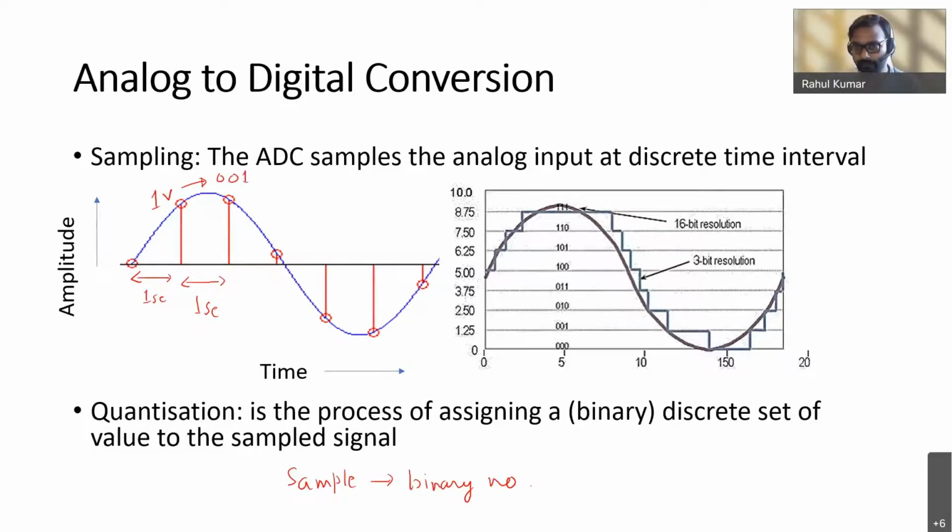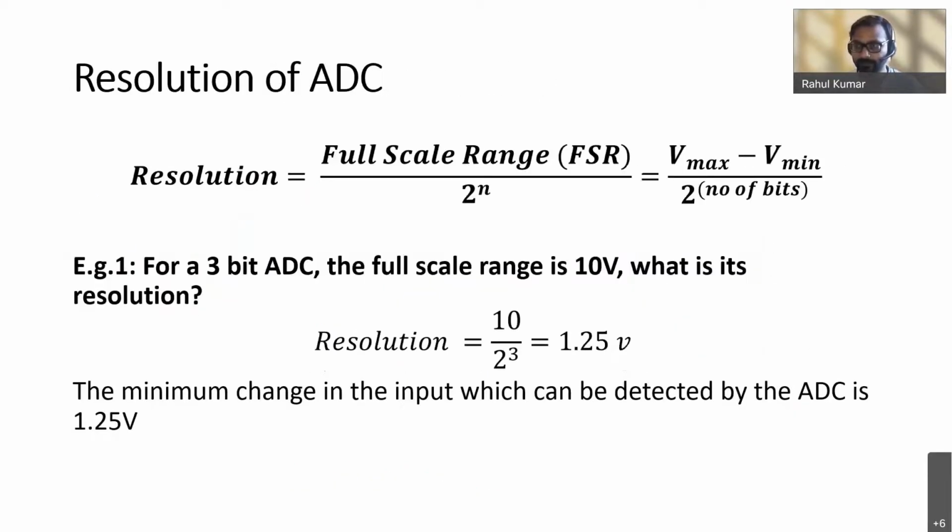Now if we have 2 volt, it will be represented by 002, like that. So we assign binary bits to the different voltage levels, or whatever your amplitude is. So first we take discrete data at every interval of time, and we convert it into binary. Those are the two steps we use to convert an analog signal into digital.